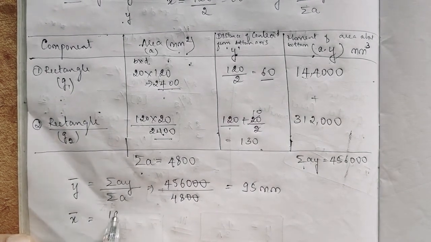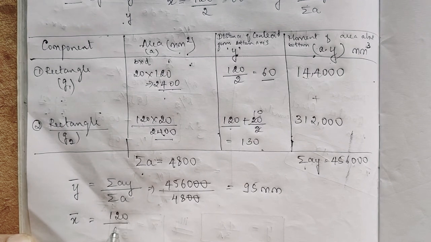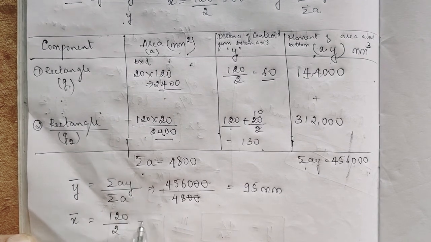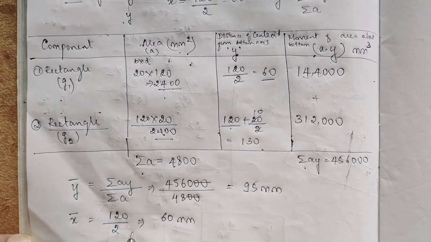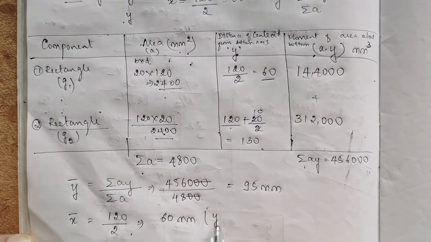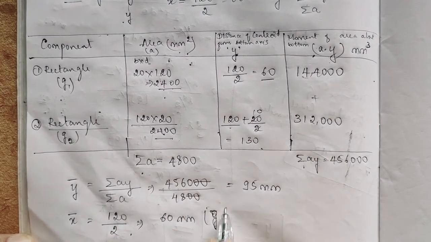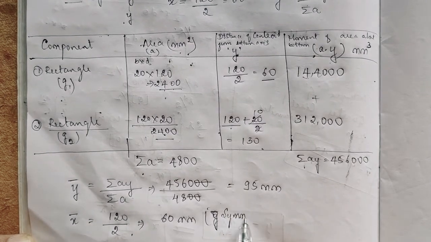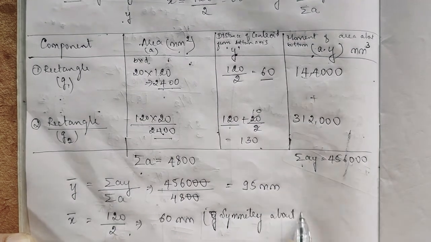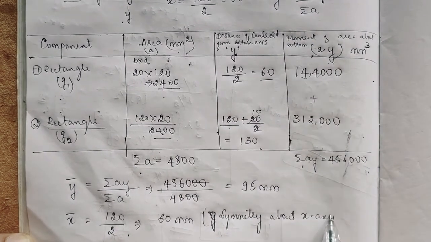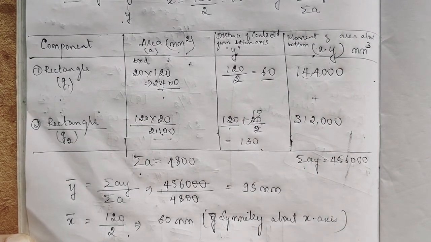Our x bar is 120 by 2, it is 60 mm. Why am I taking it directly? It is because I took the symmetry about the x axis.